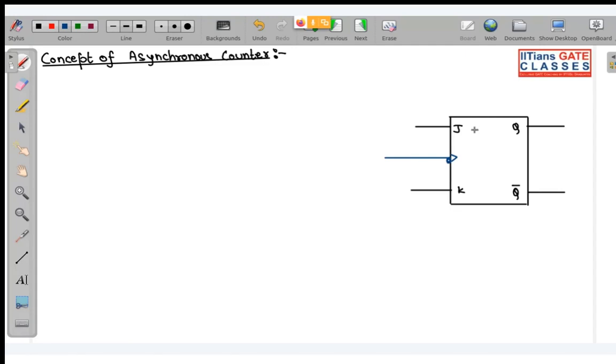Remember this, if it is your asynchronous counter, either it will work with J equal to K equal to 1, that is in toggle mode, or if it is your toggle flip-flop, T will be 1. So an asynchronous counter always works in toggle mode. It doesn't work on any other mode or any other flip-flop.